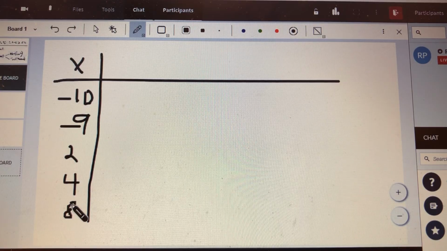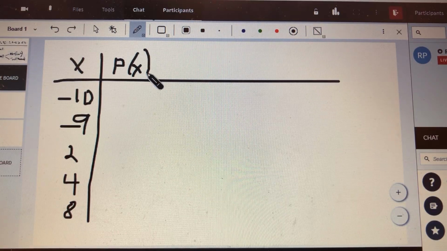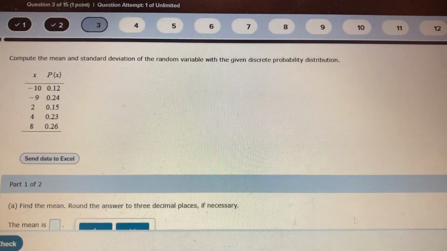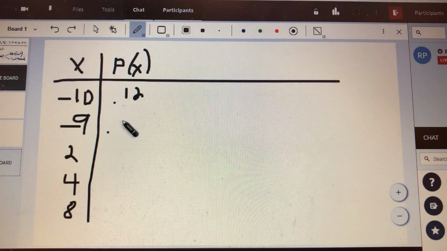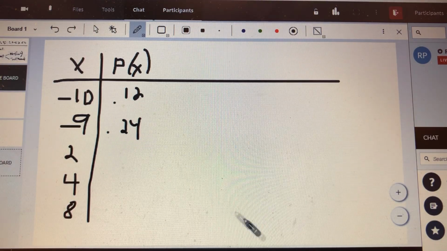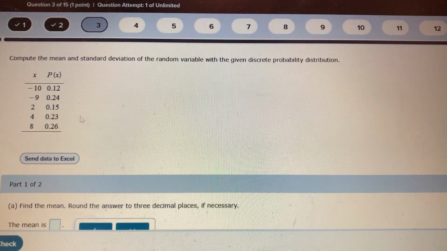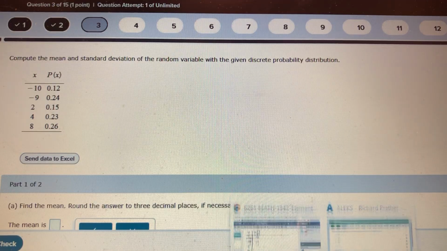In fact, they sometimes have junior high kids do something similar. They wouldn't work in decimals, but they would do something similar to this. So the probabilities are in decimals, 0.12, 0.24, 0.15, 0.23.